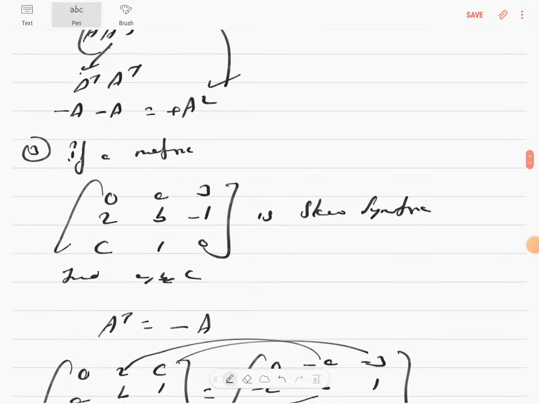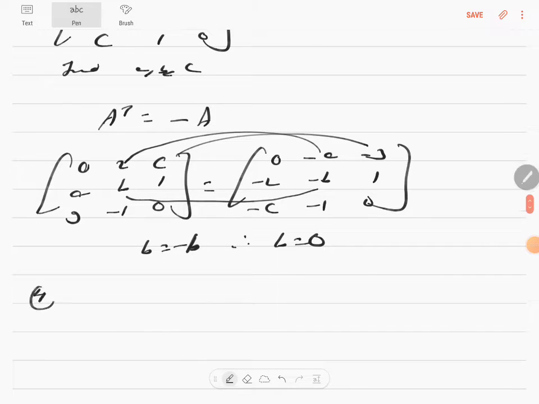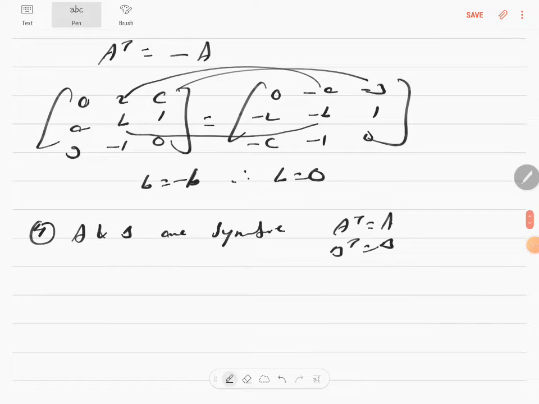Next question. If A and B are symmetric, which means A transpose is A and B transpose is B, show that AB plus BA is a symmetric matrix.